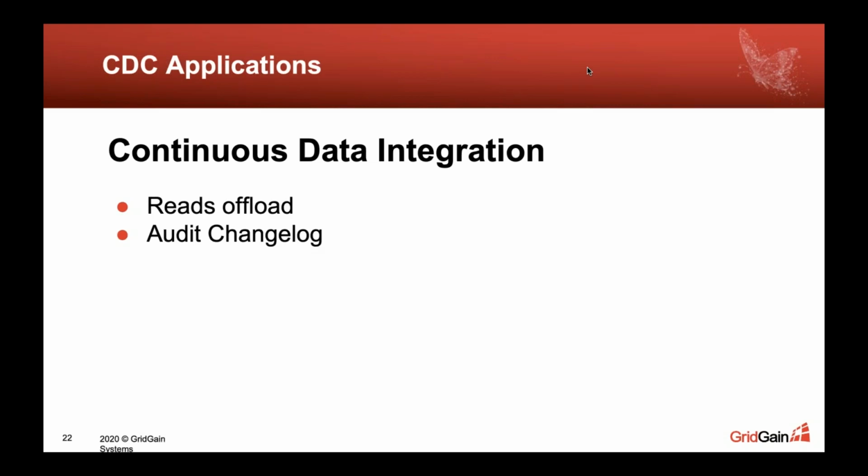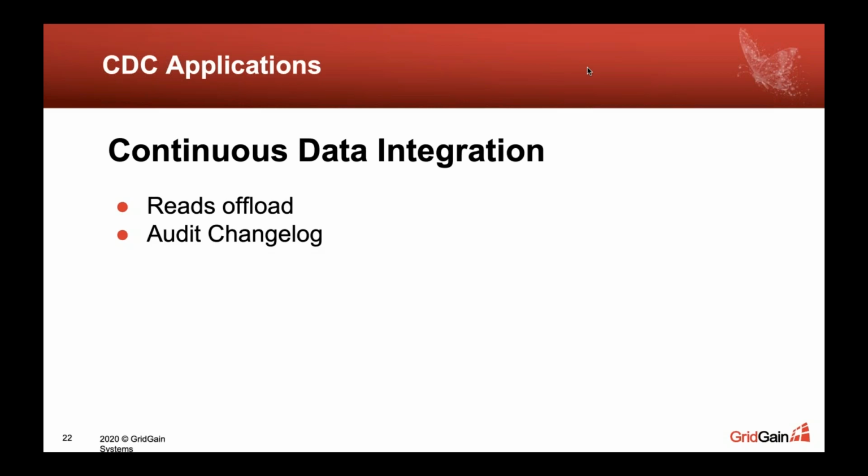Another use case that we actually saw one of our customers implement is audit changelog. Essentially, every update in an Ignite cache was captured and stored to a local file system journal, and eventually transferred to a centralized table storage.